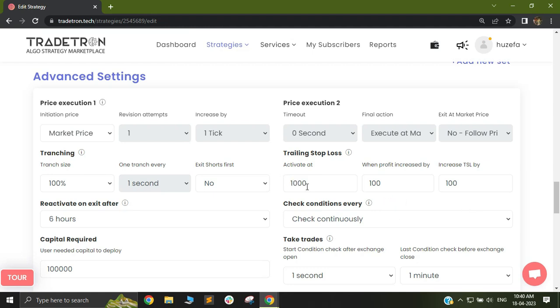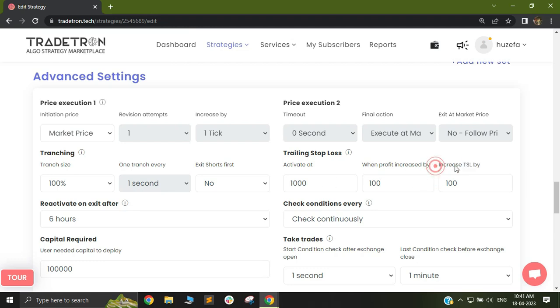All right. So when, let's say, the strategy goes to a profit of 1500 rupees, it has gone to 1000 rupees and then 5 times it has gone above your when profit increases by value, which means 100 plus 100 plus 100, 5 times. In that case, your trailing stop loss will also increase by 100 plus 100 plus 100, and thus it will be at a value of 500 rupees and not 1500 rupees.